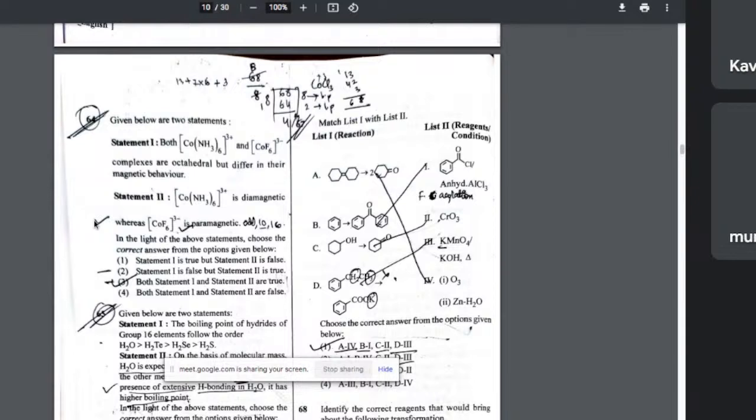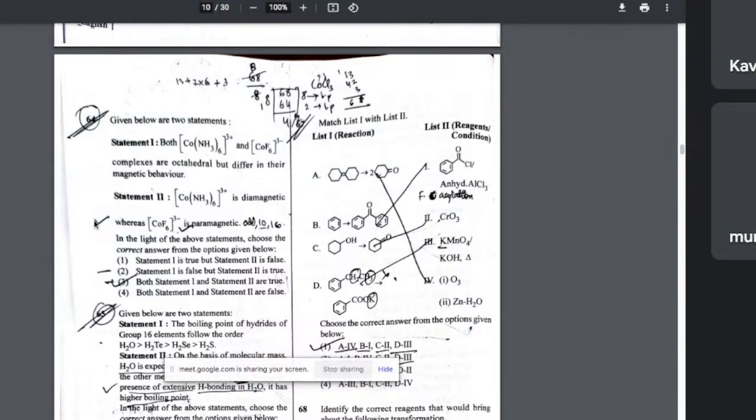And B, if we check, that is Friedel-Crafts alkylation. So the first option is there. In C, alcohol is getting converted into ketone. But this is a 2 degree alcohol. A 2 degree alcohol will get converted into ketone in presence of CrO3. Okay. Now D option is CH3CH2C6H5CH2CH3 getting converted into C6H5COOK.